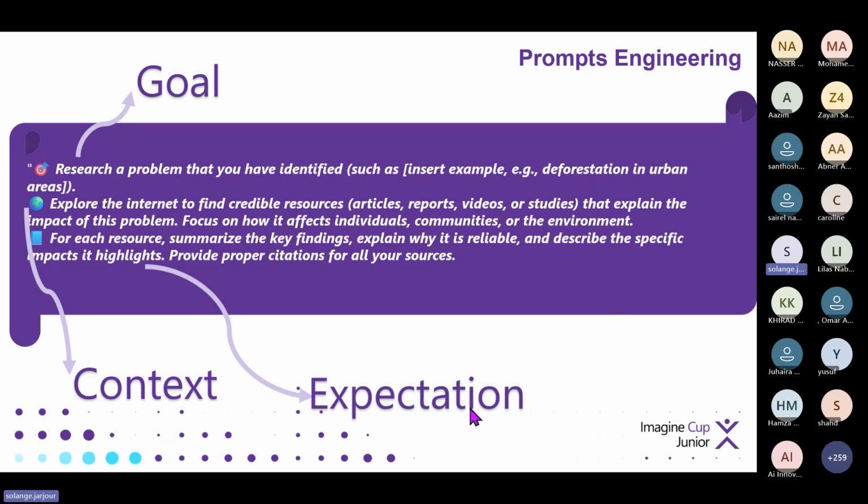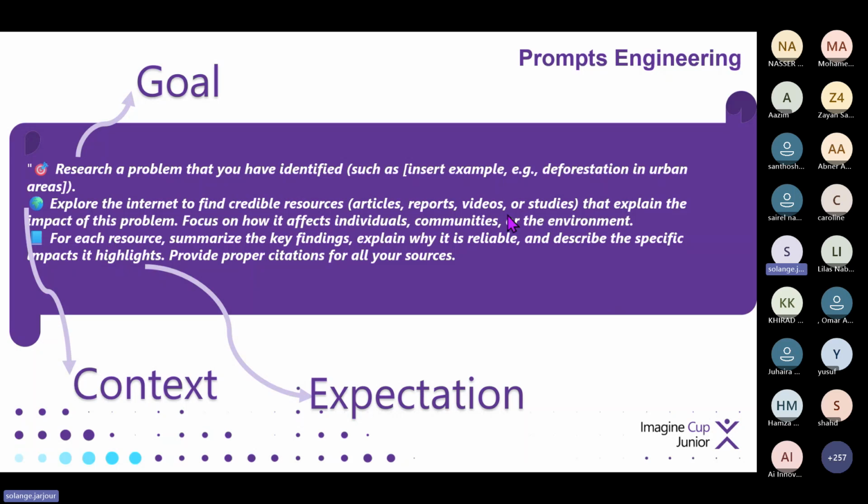Now, what is expected after you go and check the internet about this specific problem? The expectation from you, ChatGPT: you are expected to summarize the key findings for each resource.